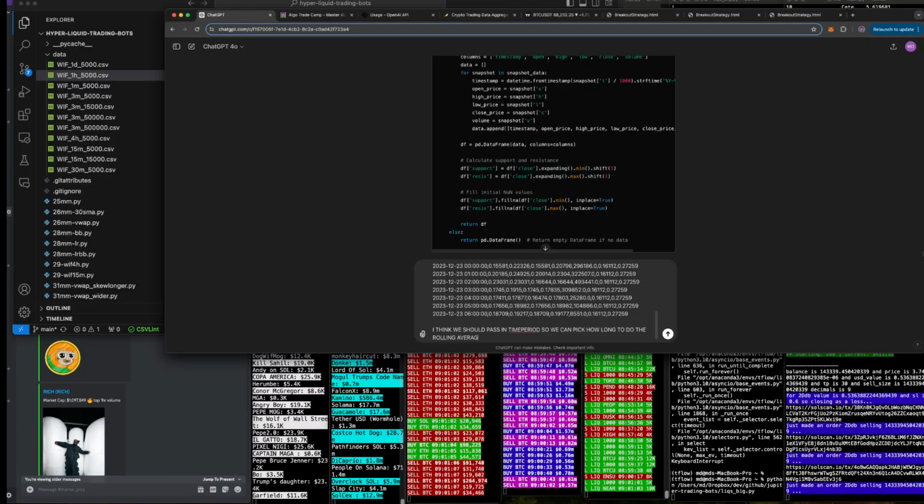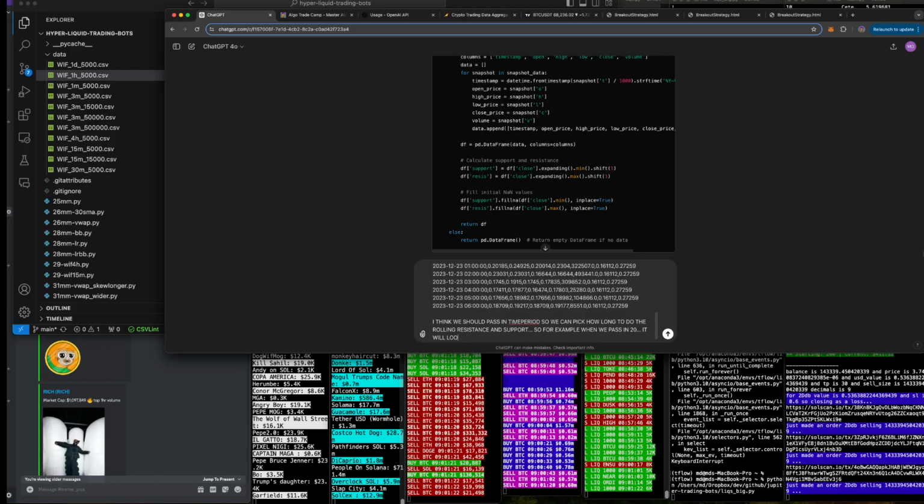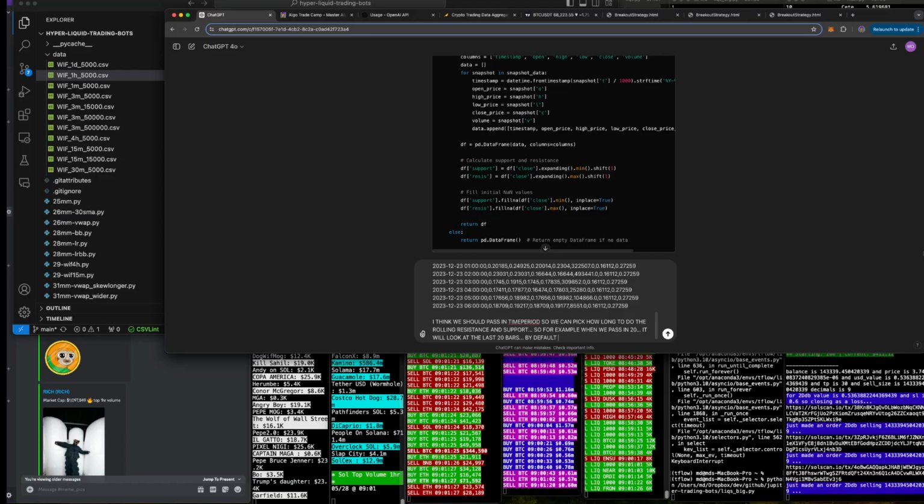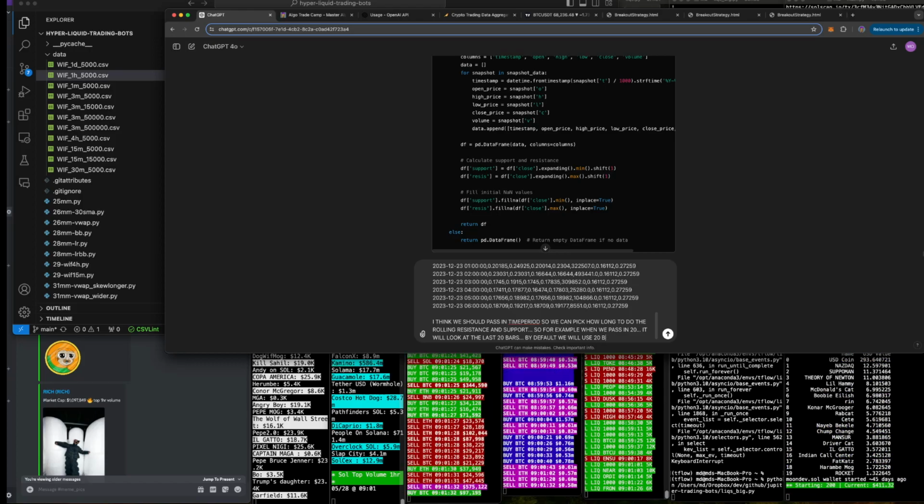Rolling resistance and support. So for example, when we pass in 20, it will look at the last 20 bars.